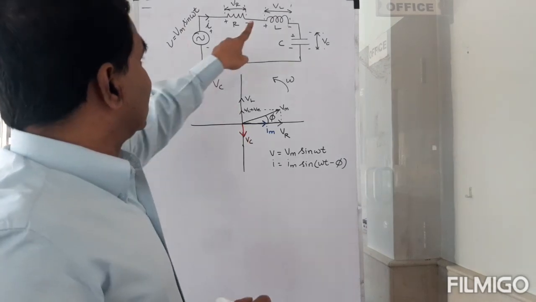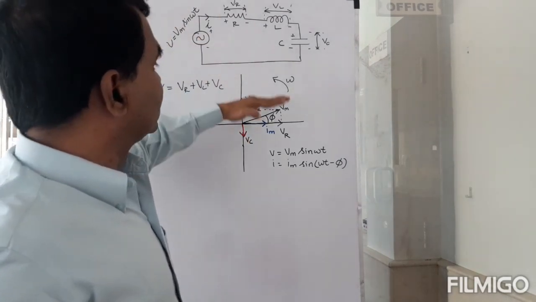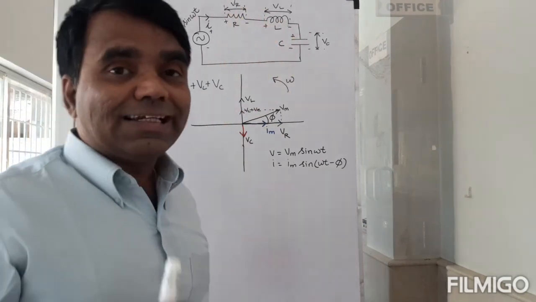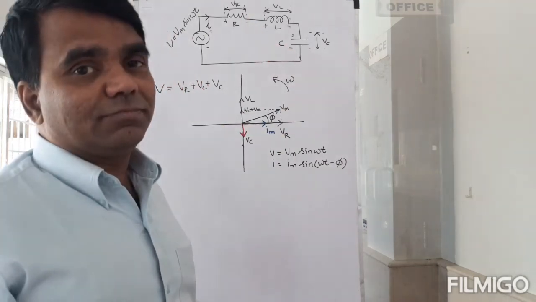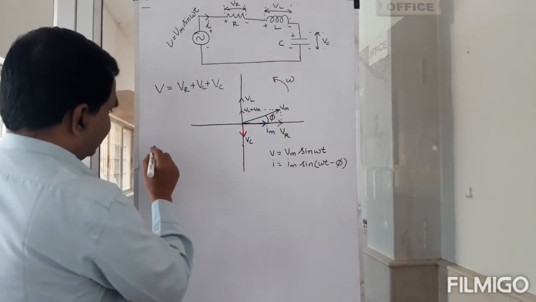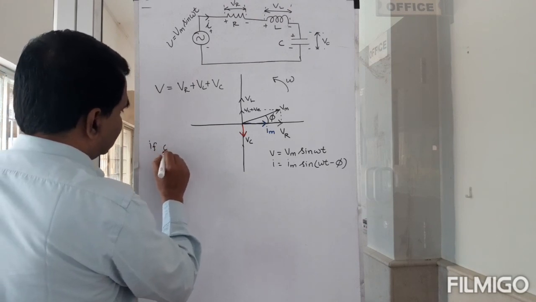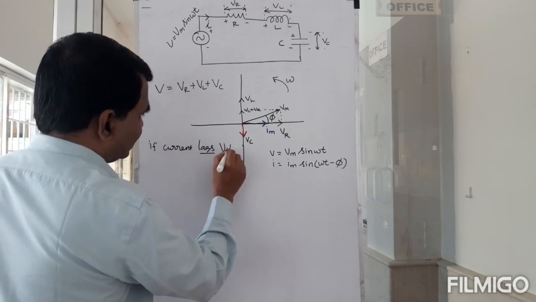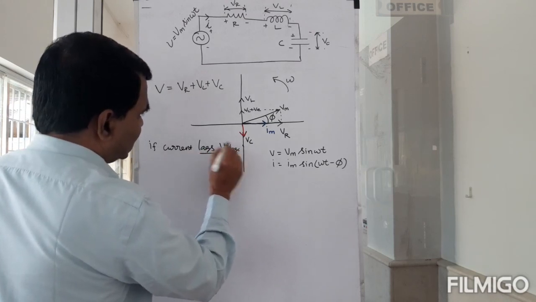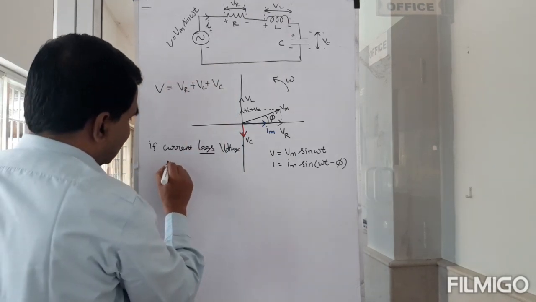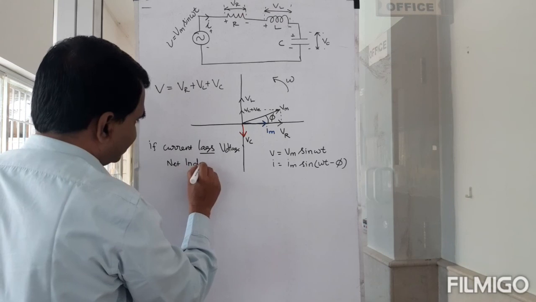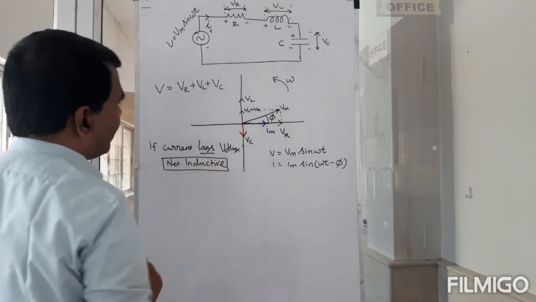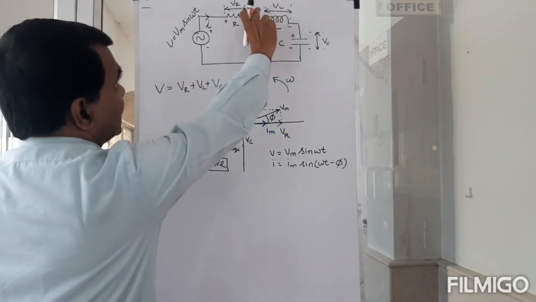You'll have some angle by which the current will either lead or lag the applied voltage. If the current lags the voltage like this, we say that this circuit is net inductive, because only in the case of inductance will the current lag the voltage.